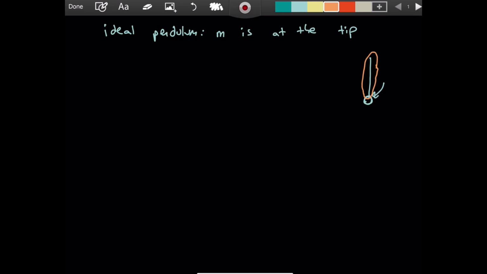Now, a better way to put this is actually that the dimensions of the object here are very small relative to the rope, and the mass of the rope is negligible relative to the mass of the object. So we in fact have a point-like particle that is swinging back and forth, and that we call an ideal pendulum. All right, this is the definition.